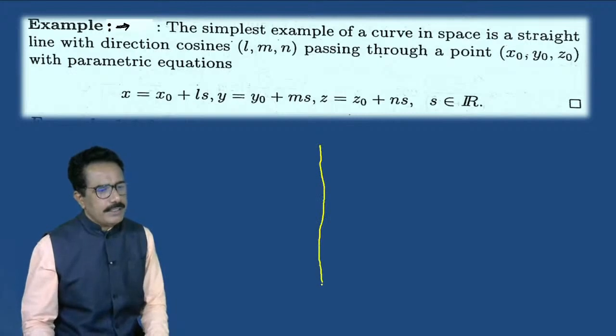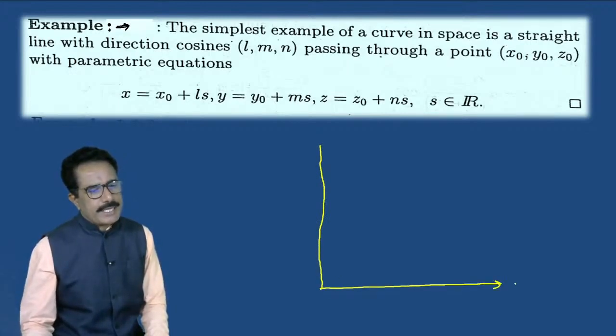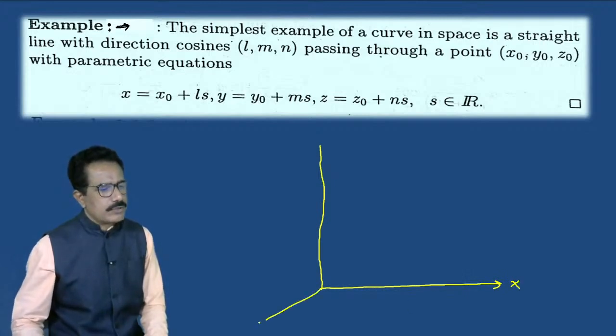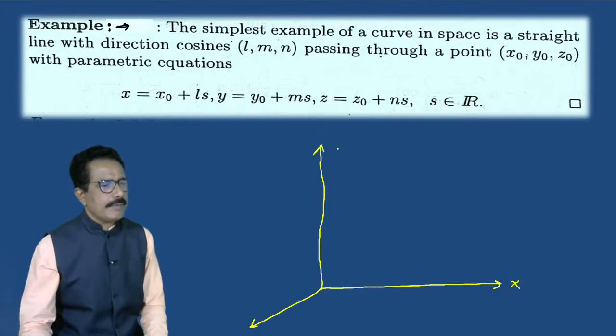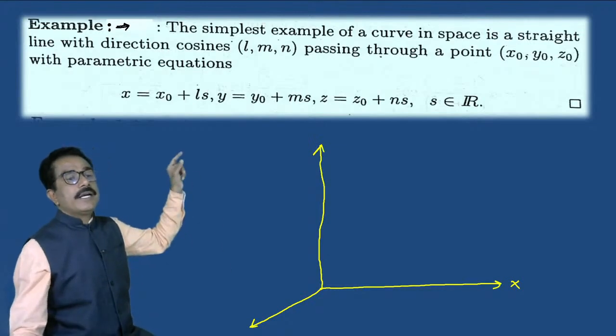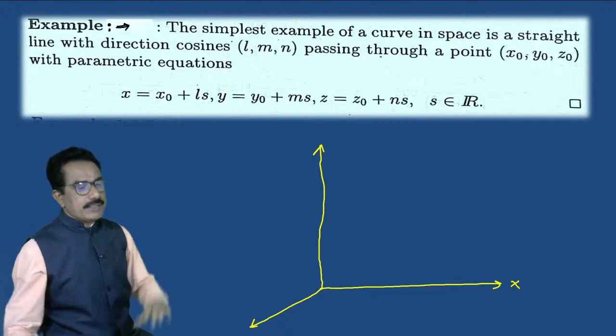See this. Suppose this is the z-axis, this is the x-axis, and this is the y-axis. A curve in a straight line with direction cosines.